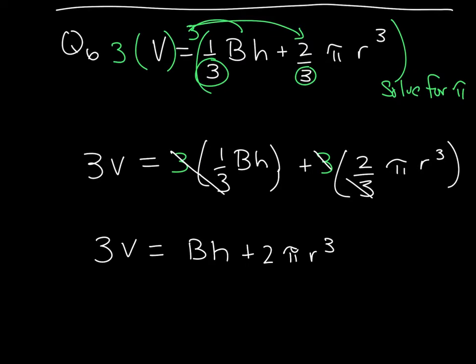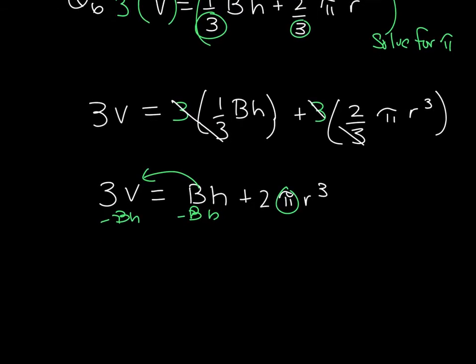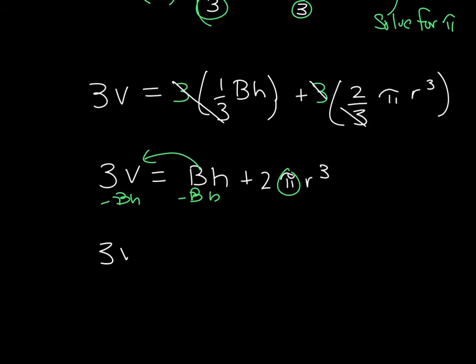And again, what we are solving for in this case is pi, but the first thing we have to do before we can handle the coefficients is to move the bh over to the other side. I do that by subtracting bh from both sides. So now what you have is 3v minus bh is equal to 2 pi r to the third.